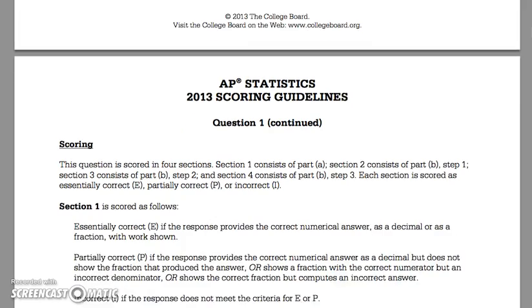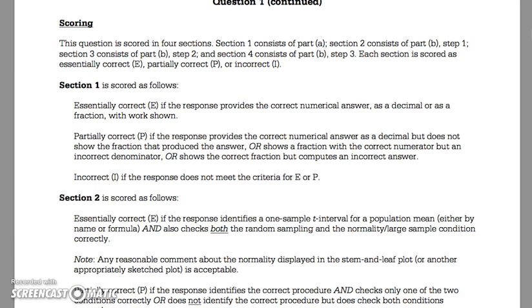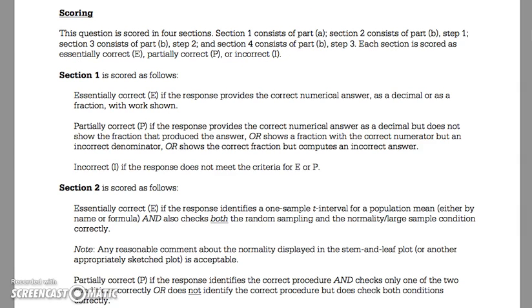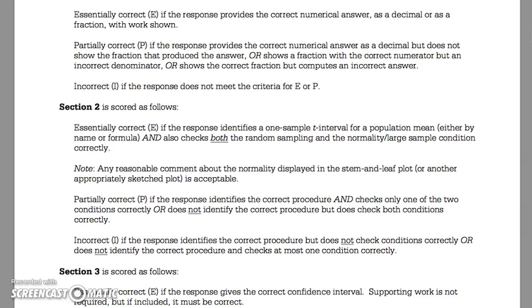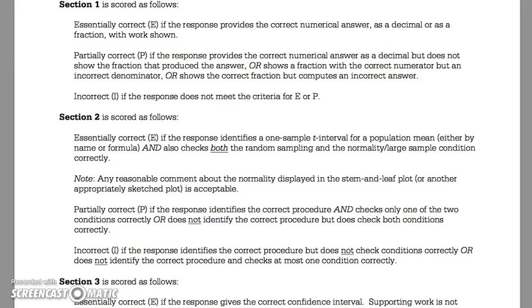And so here's the scoring chart. The question is scored in 4 sections. Section 1 consists of Part A, Section 2 consists of Part B, Step 1, Section 3 consists of Part B, Step 2, and Section 4 consists of Part B, Step 3. Each section is scored as essentially correct, partially correct, or incorrect. Section 1 is scored as follows.